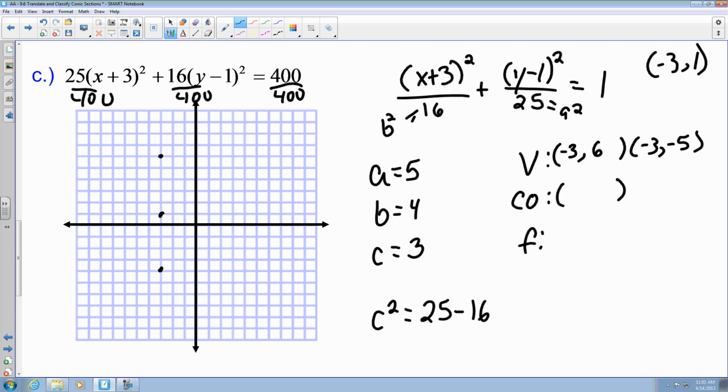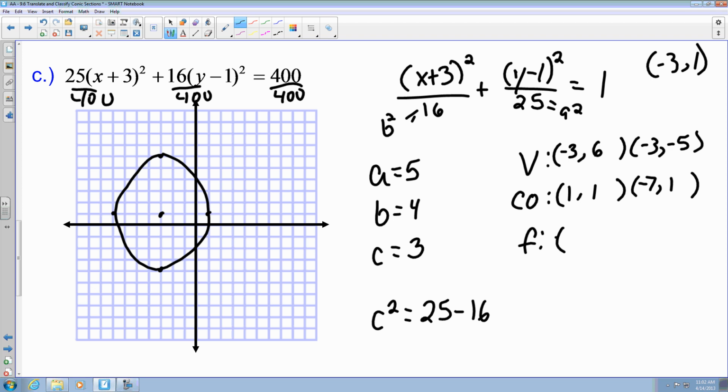Co-vertices are dictated by b, so it's going to move 4 units. So this one's at 1 comma 1, and the other one's at -7 comma 1. And I'll just connect this to make my ellipse here.